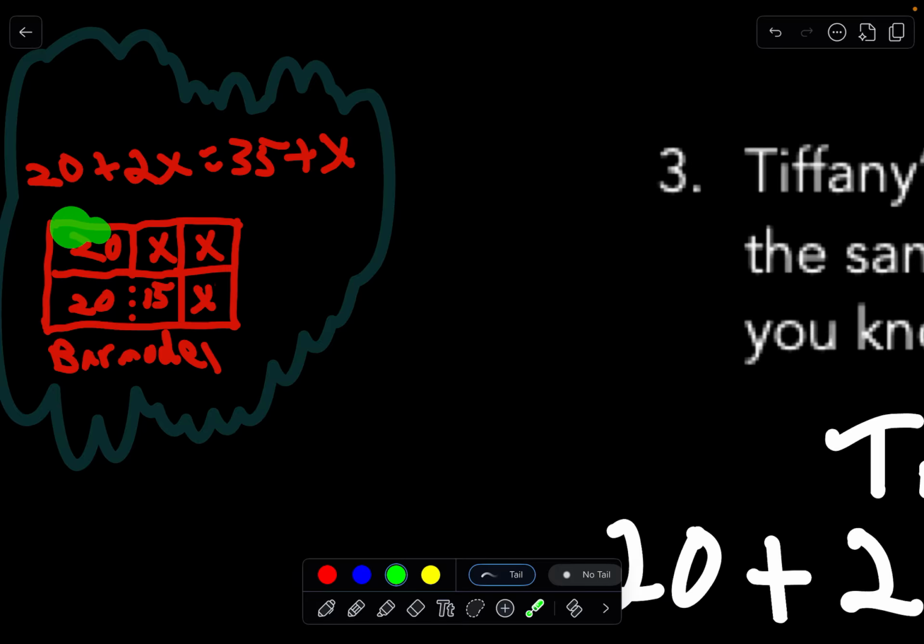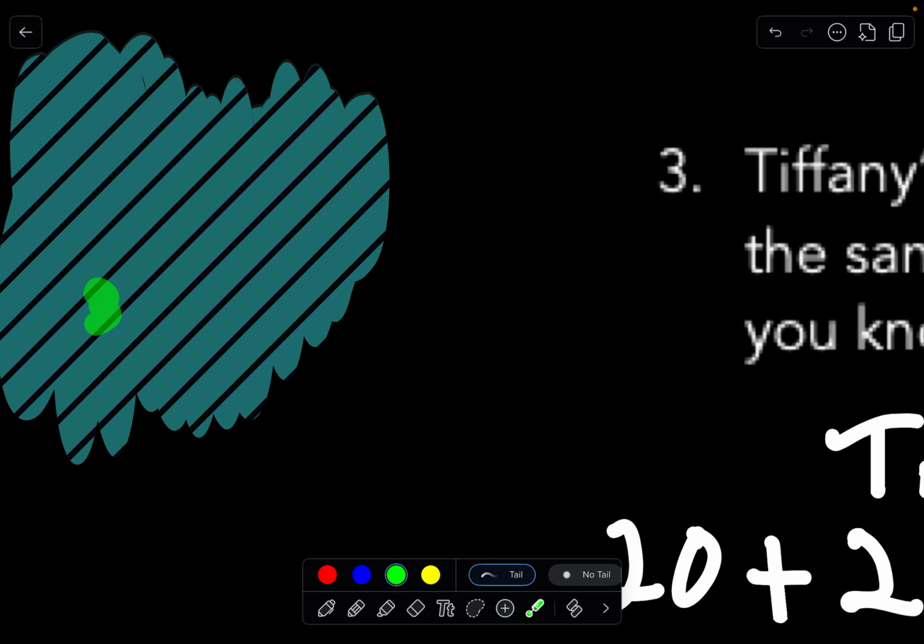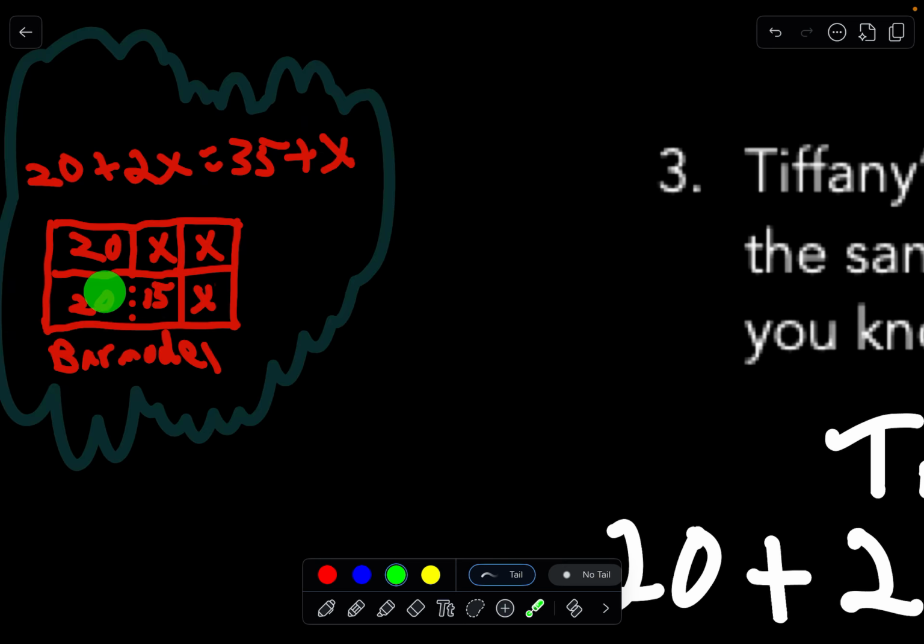Now on the other side, we have 35. Sorry about that. I broke 35 to be 20, which lines up with this 20, so they are on top of each other.